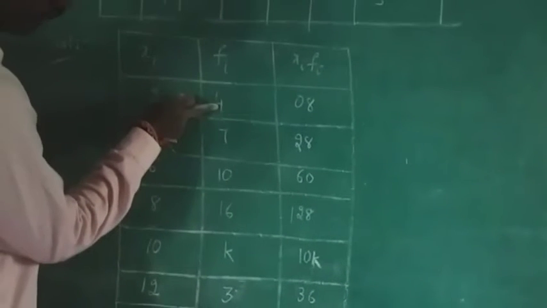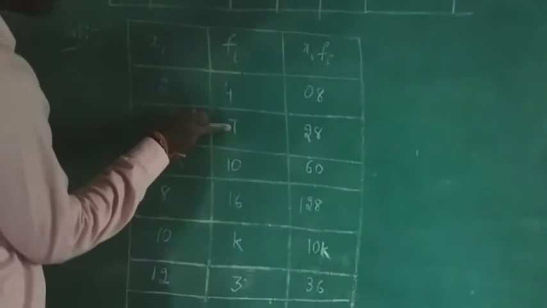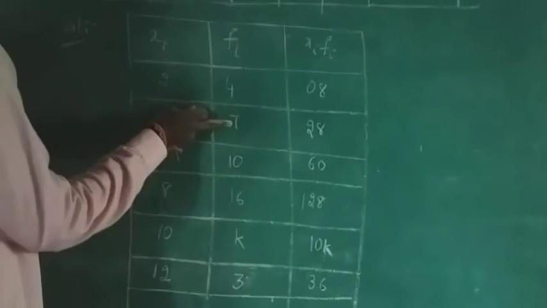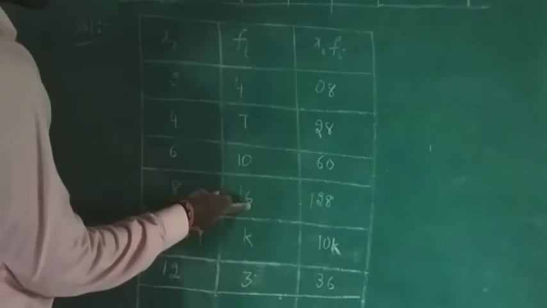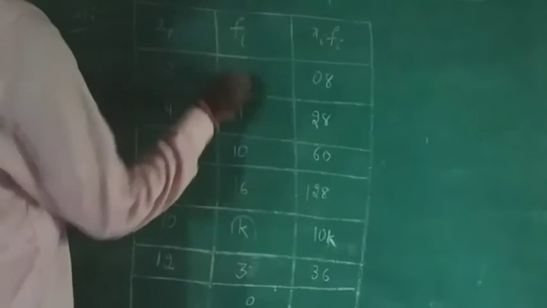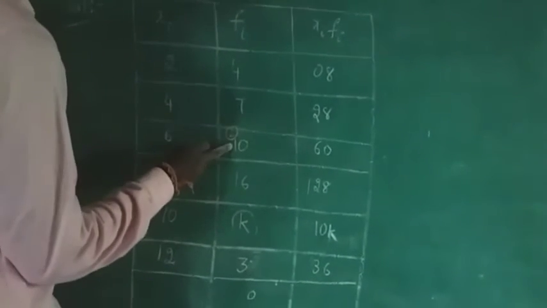Right? So once you add this, you need to add clearly: 4 plus 7 is 11, 11 plus 6 is 17, 17 plus 3 is 20. I am writing 0, 2 carry, 2 plus 1 is 3, 3 plus 1 is 4, so 40 plus k.